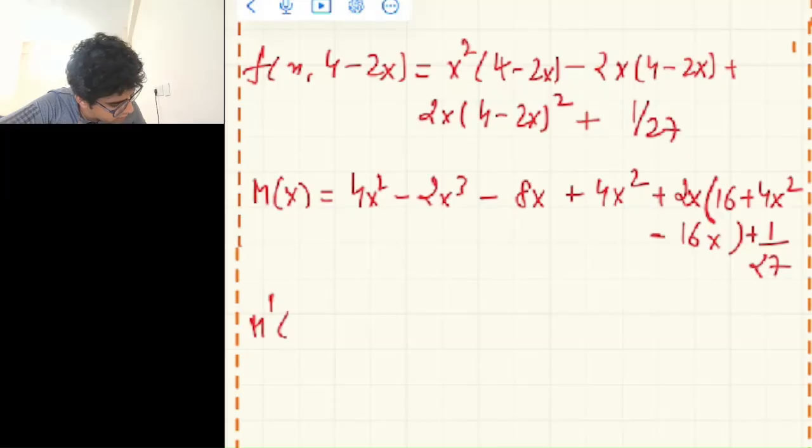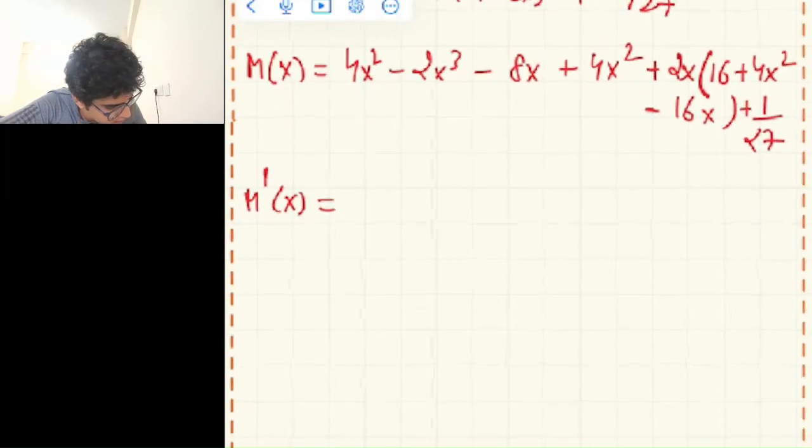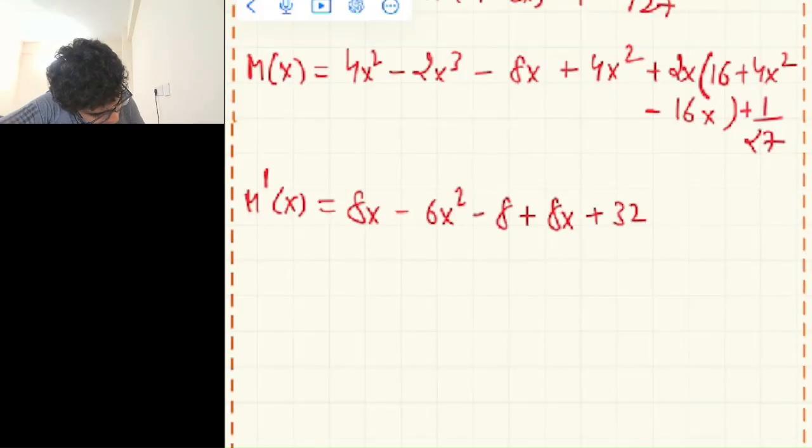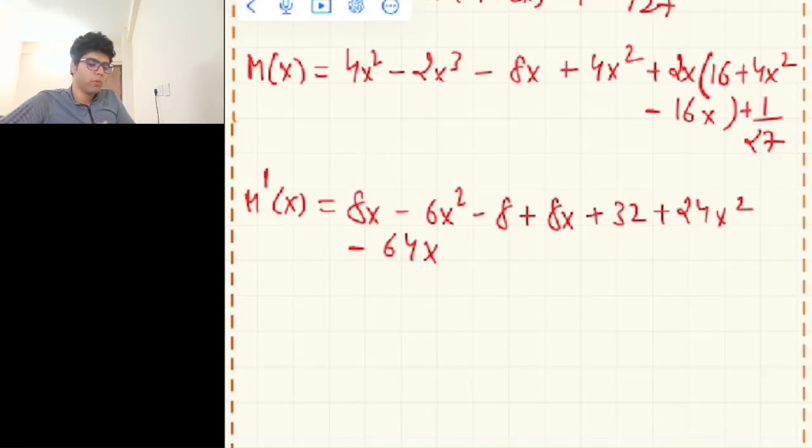Now the first derivative of function m of x would be m dash x, and this would be equal to 8x minus 6x squared minus 8 plus 8x plus again 32 plus 8 into 4 into 8, 8x cubed, 24x squared minus 32x squared, so minus 64x. 2 into 16 is 32, so minus 32x squared, yes.